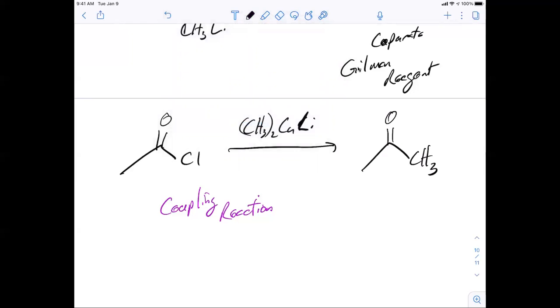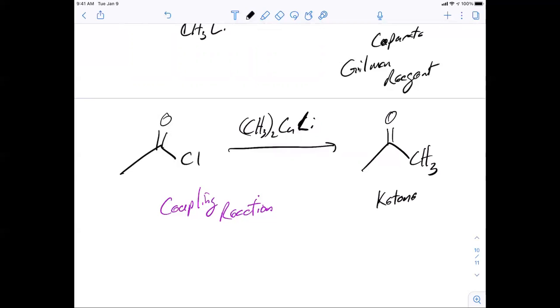So whatever's attached to the Gilman gets coupled to where the chloride is. What happens is the chloride then gets attached to the copper. So we get kind of a switch. The copper takes the chloride, the methyl gets attached to the carbonyl. And this gets us to a ketone, right?